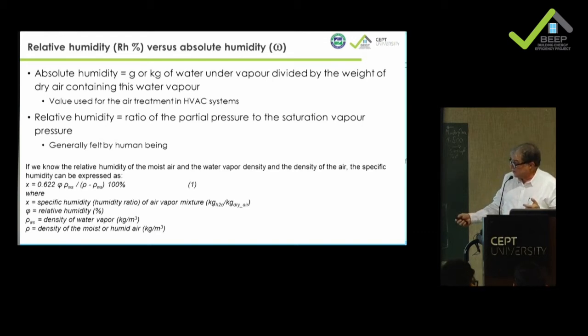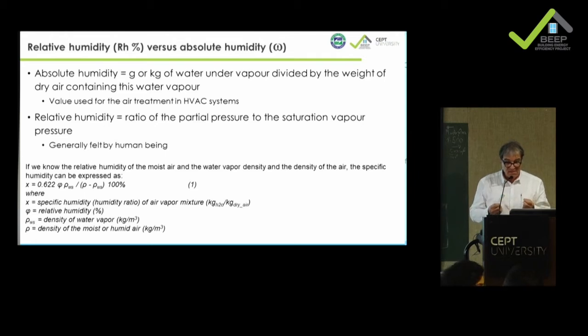But in the calculation, we generally use the absolute humidity. The absolute humidity is the actual weight of water per kg of dry air. This is something that you can use for some of the processes you will see later in the diagram, and it's very important to understand the difference.